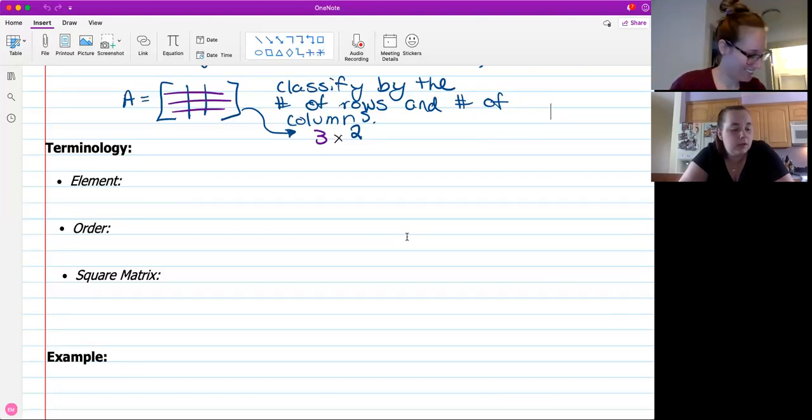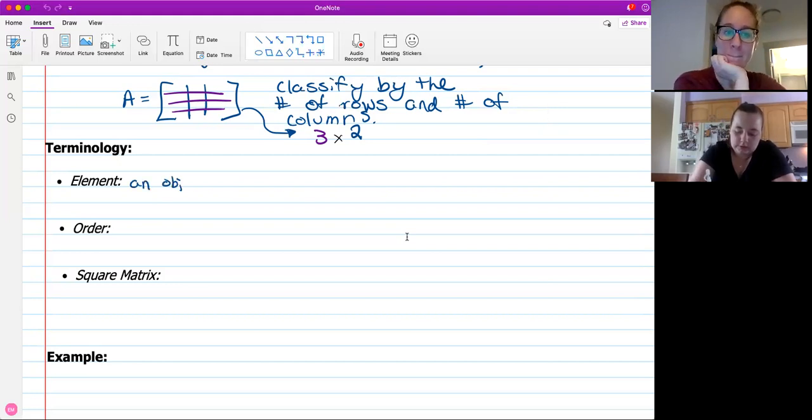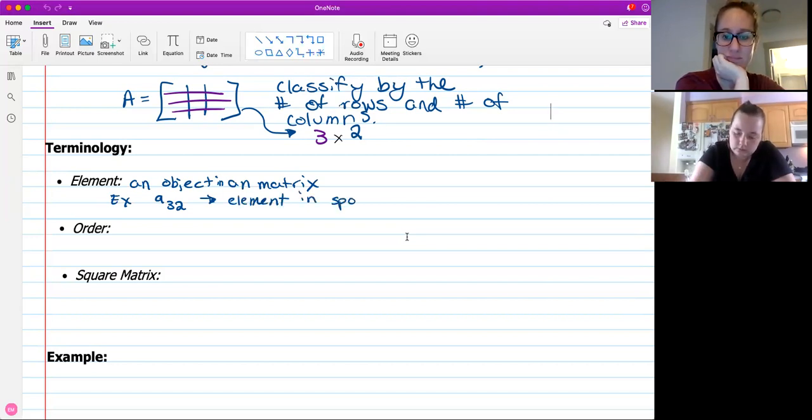So the first thing we need to talk about in the matrix is the element, and that's just an object in the matrix. Usually they're numbers. In this class, it will be numbers in a matrix. For example, if you have element A, 3, 2, this is the element in spot row 3, column 2.